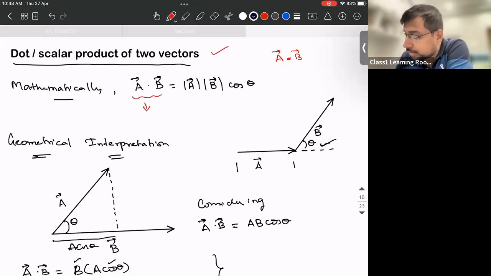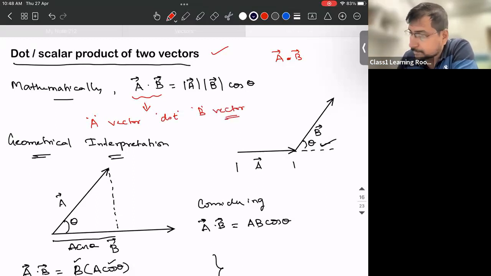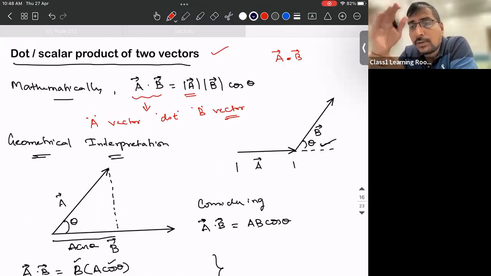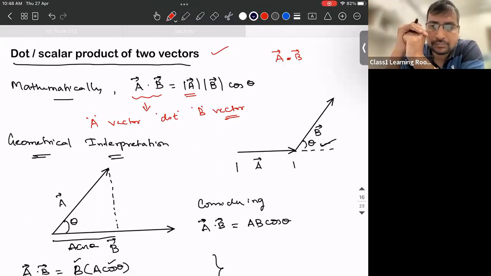This is read as A vector dot B vector. Then it is going to be magnitude of A vector times magnitude of B vector times cos of the angle between them. So that is the definition.